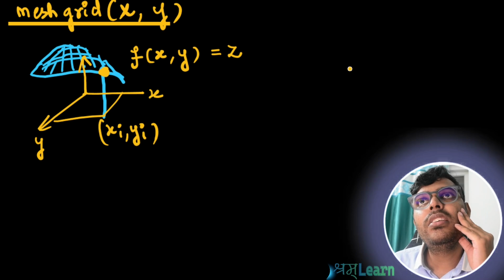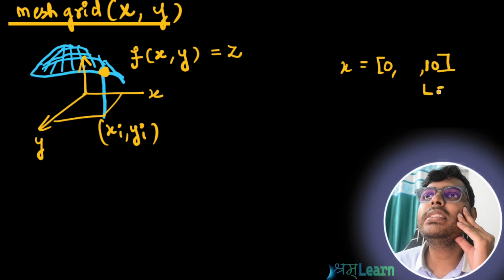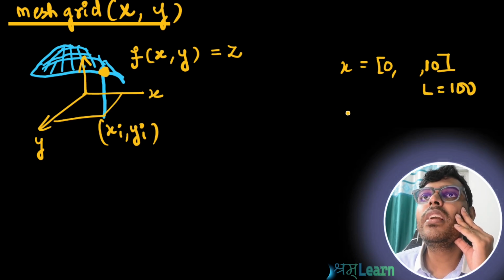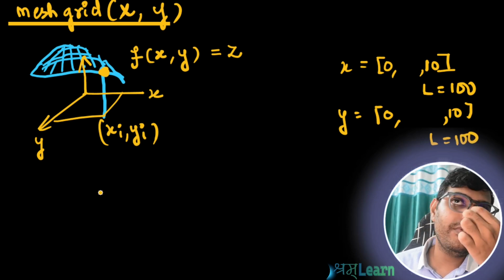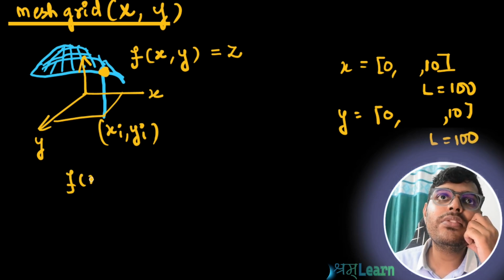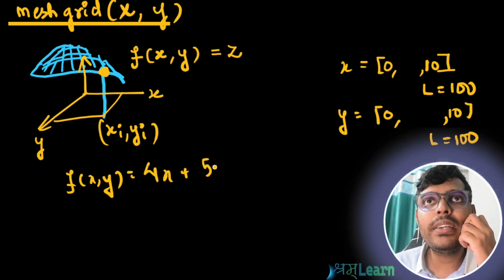So how do we do that? Earlier we generated the X array consisting of maybe 100 elements, length was 100, and if we generate the Y array consisting of the same elements, and compute, let's suppose, f of x comma y equal to 4 times x plus 5 times y, what will be the result?